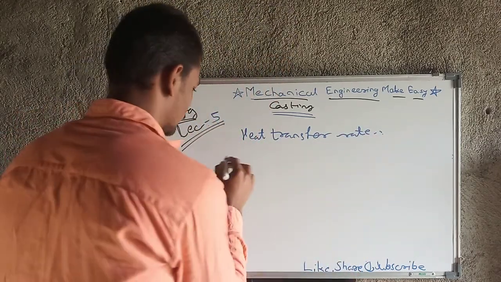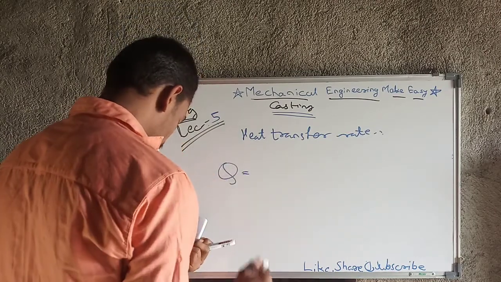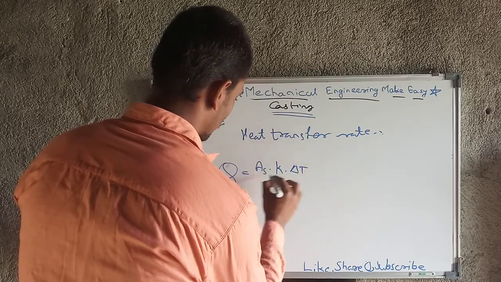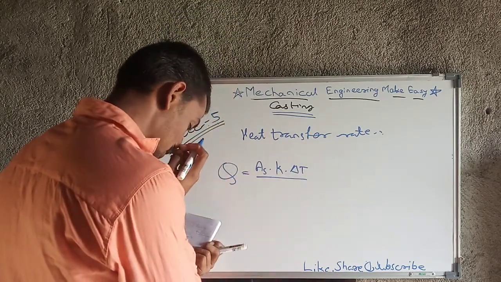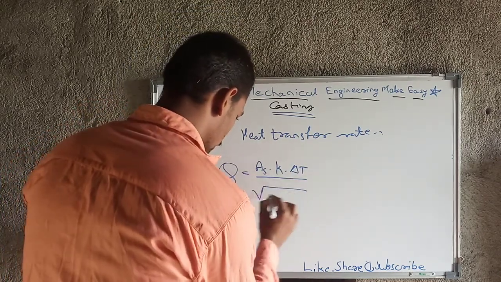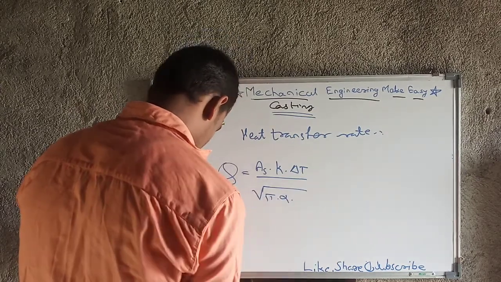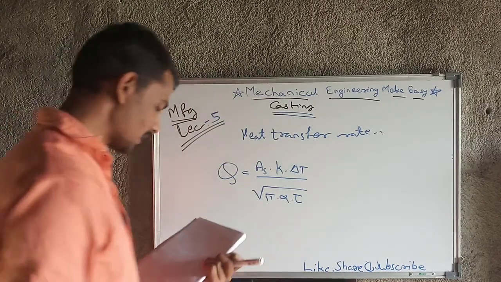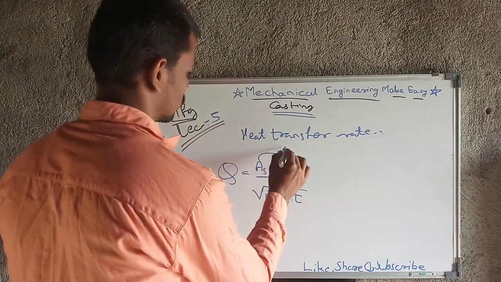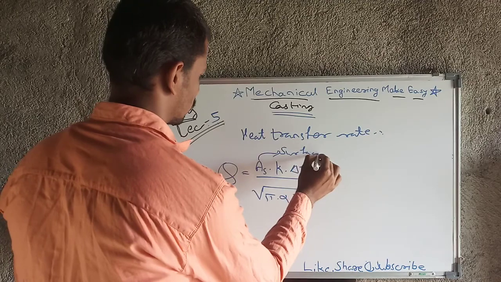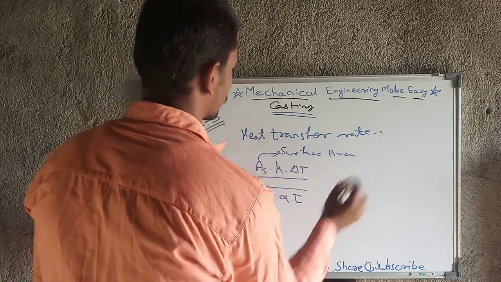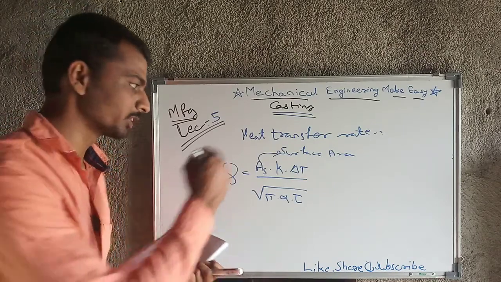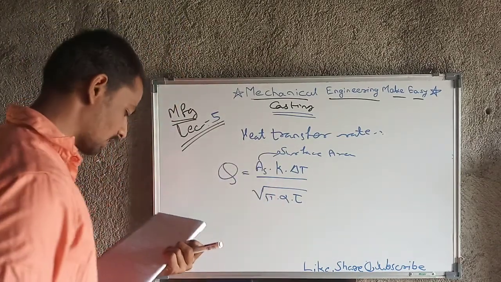It is denoted by Q, and Q is equal to As into K into delta T upon under root of pi alpha into tau. So what are these terms? A_s is nothing but the surface area. Okay, the surface area available for heat dissipation, that is very important. That's why the surface area.